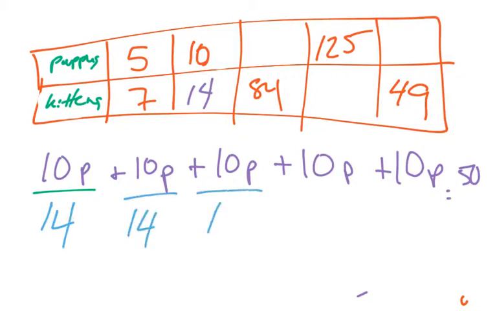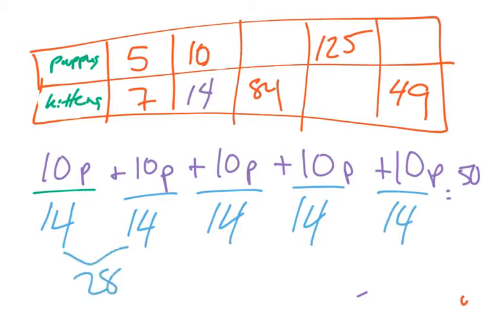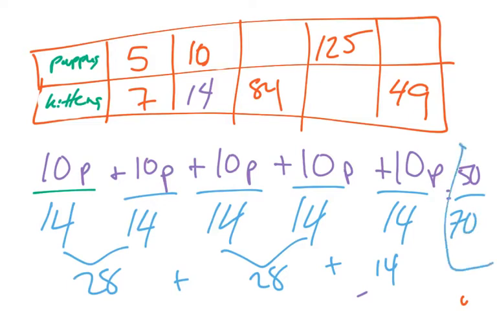Plus 14, plus 14, plus 14, plus 14. 14 and 14 is 28, plus another 28, plus a 14 gives us 42, 56, 70. That is not the ratio we're looking for, but there's no reason that you can't add that one in to your ratio table to help you build your way up.